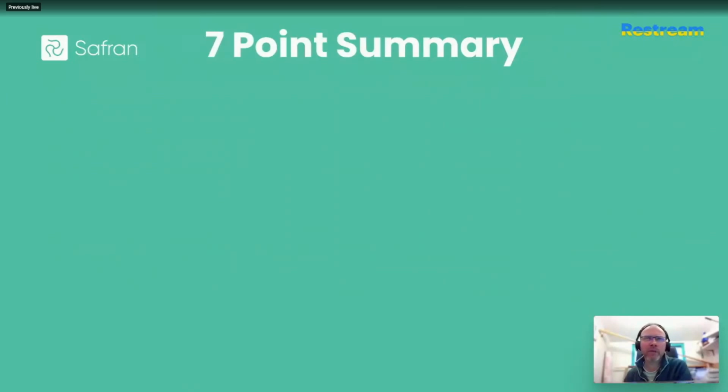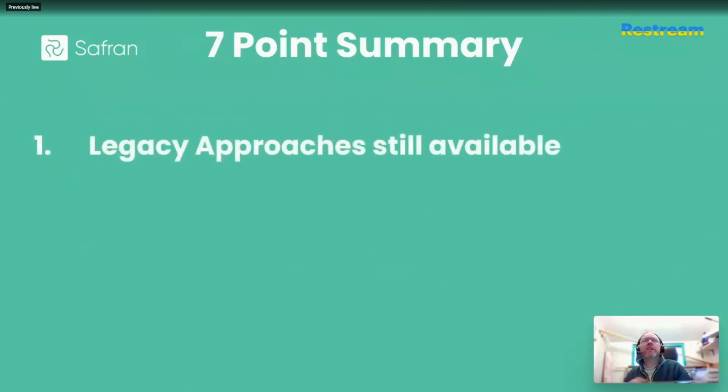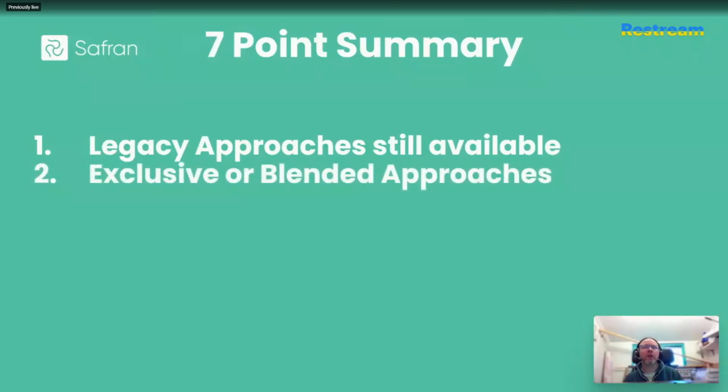So, a 7-point summary. 1, Safran allows you to continue using the legacy techniques such as assigning unique risk-ranged estimates to every activity in the schedule or the cost elements as variables. 2, Safran allows you to use any of the identified methods either exclusively or as a blend of any of the approaches that we discussed, and to see transparently in real time how those things are going to affect one another before committing to the full simulation and maybe wasting your time.